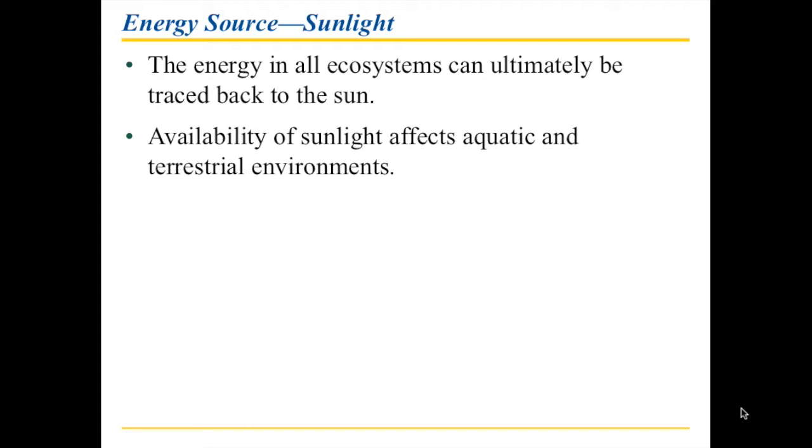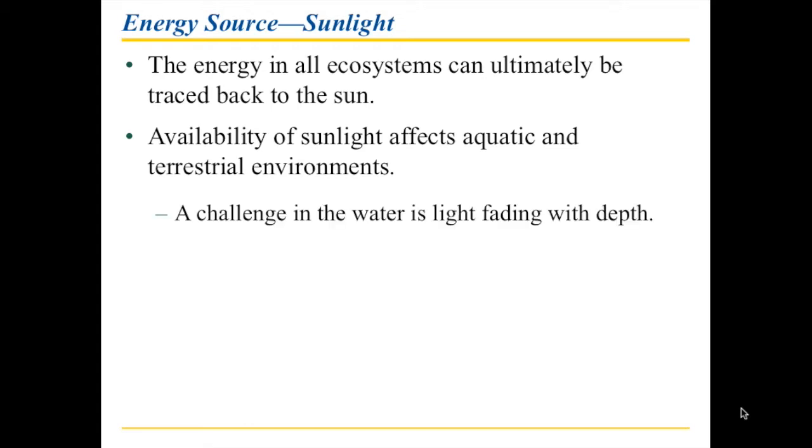So if you go into the oceans or into a deep lake, you will find that as you increase your depth, you're going to get less light. So if you want to live at a certain depth, you have to be able to live with less. And so those are the kind of things that are very important. Fading light with depth is something that many organisms that directly need sunlight have to face.